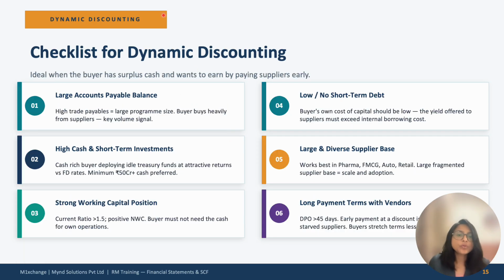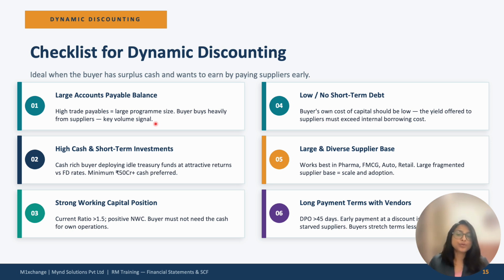Next, let's move to the checklist for dynamic discounting. In the financial statements, in the balance sheet, again we will check if there is a large accounts payable balance. Now here in dynamic discounting, it need not be only the MSME payables which are large, because it can also be a non-MSME supplier base.